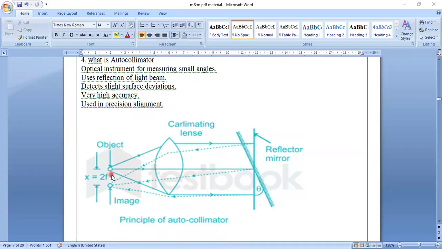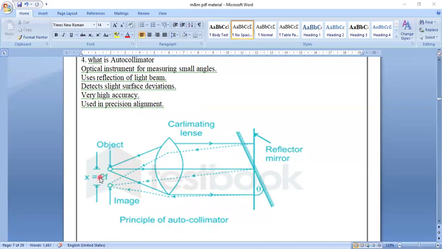Here in the diagram, the principle of autocollimation is shown. There is a reflector mirror kept here. This is the object which is giving out the light. These light rays go and are reflected on this mirror, coming back with some theta and getting together at a point here. The image is formed below this one, at a distance x equal to 2f.